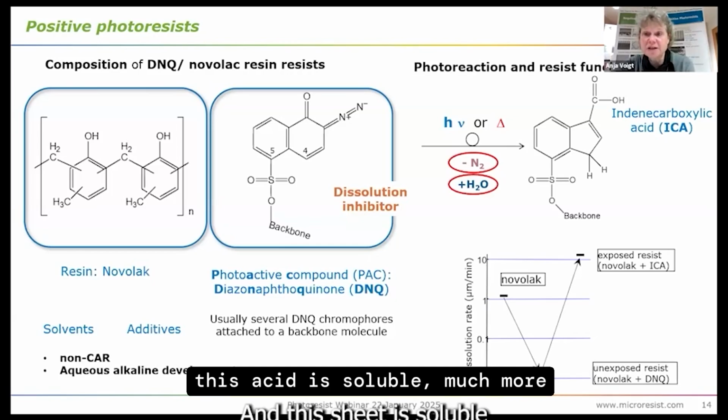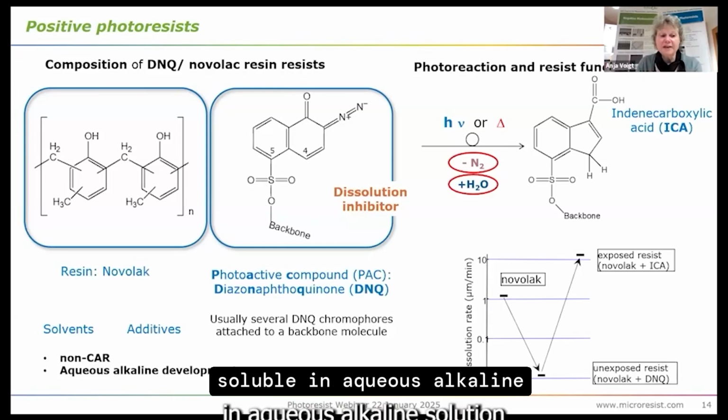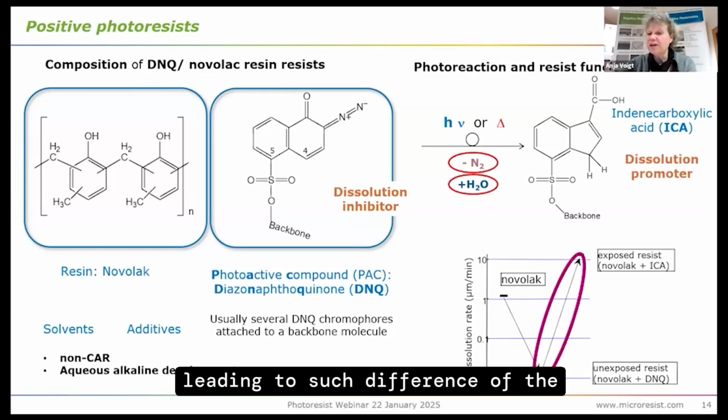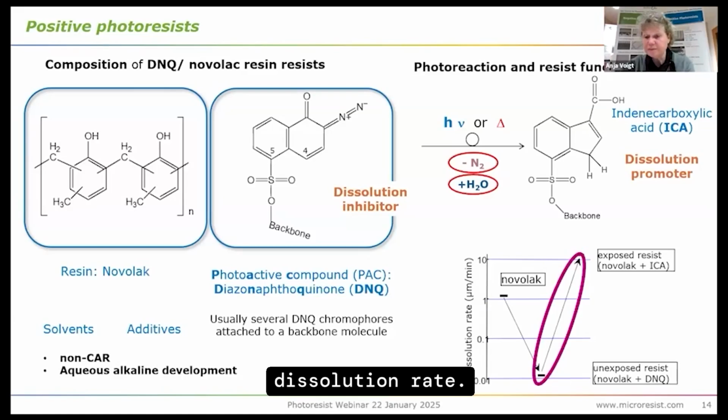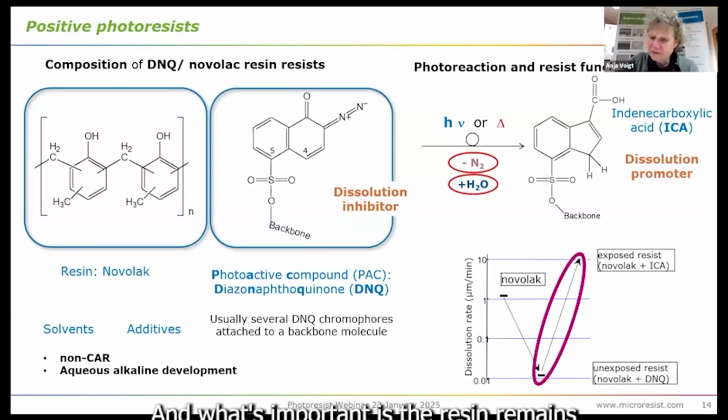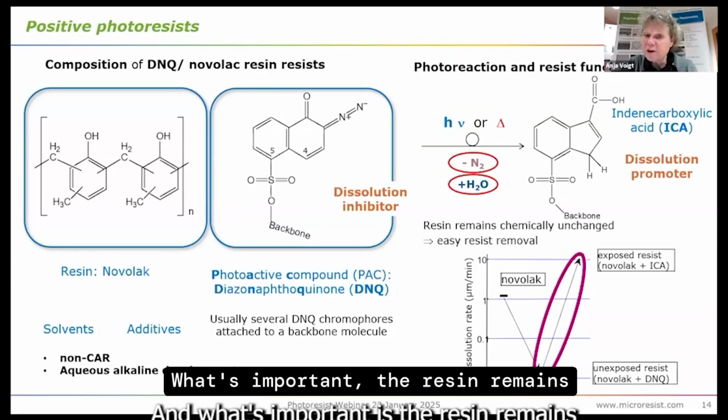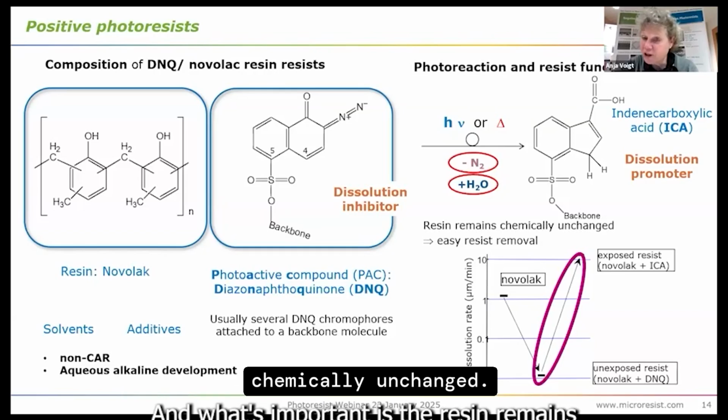And this acid is much more soluble in aqueous alkaline solution than the unexposed area, leading to such a difference in the dissolution rate. And what's important, the resin remains chemically unchanged.